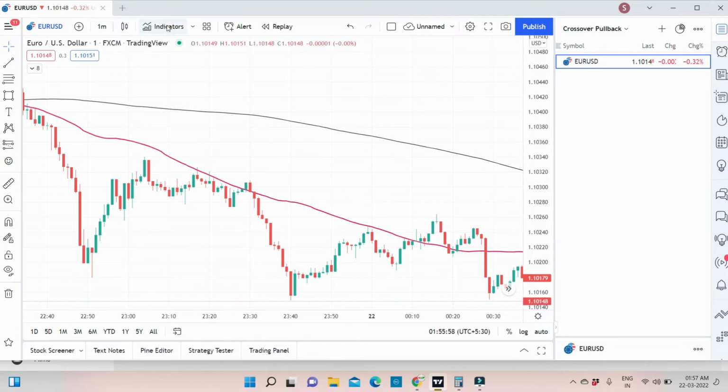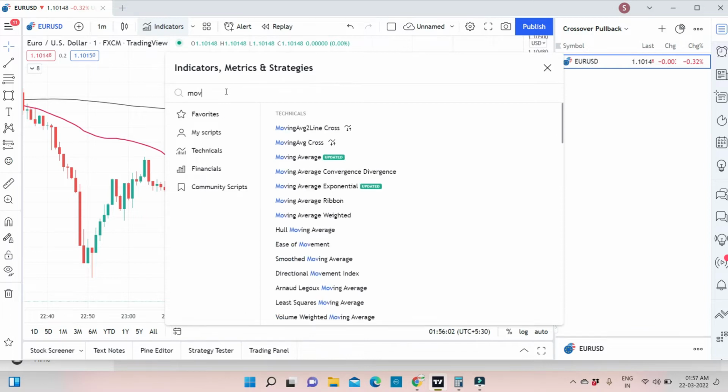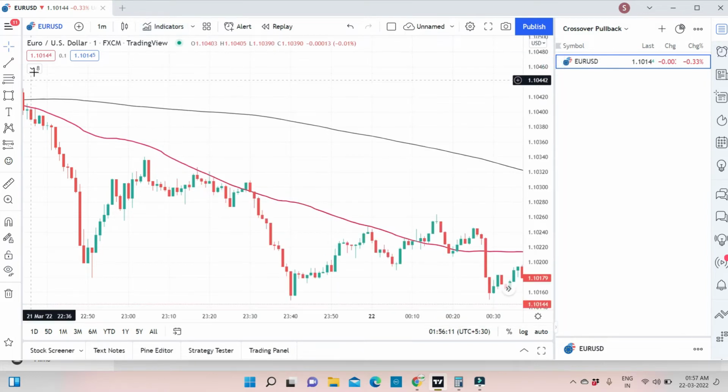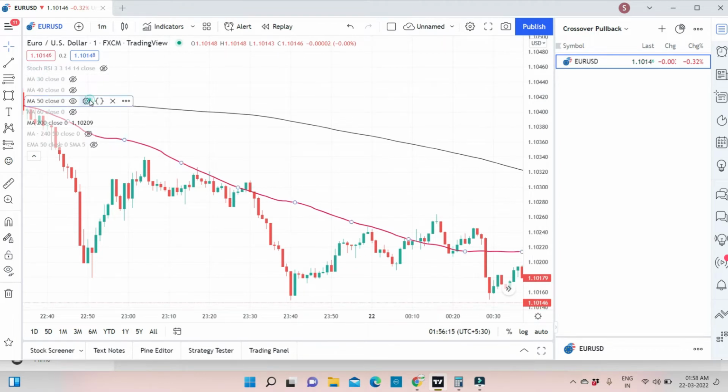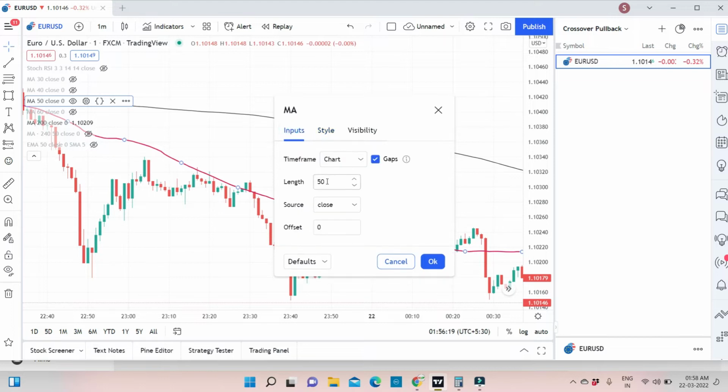Now first of all, if you go to the indicators, you have to type in moving average, like this, and you have to click twice. This moving average you have to click 2 times. Once you do that, you have to go to the settings of each moving average. I'll give one color to this, and I'll put the length as 50.